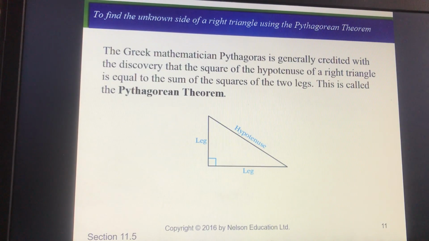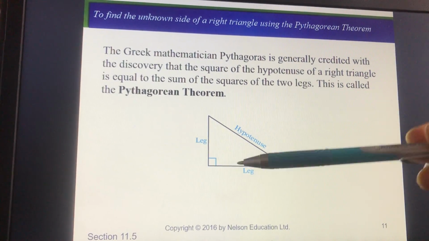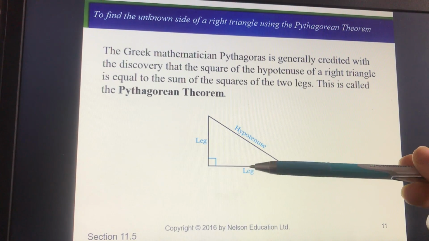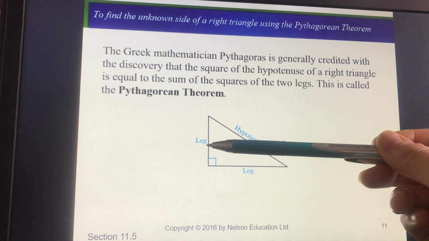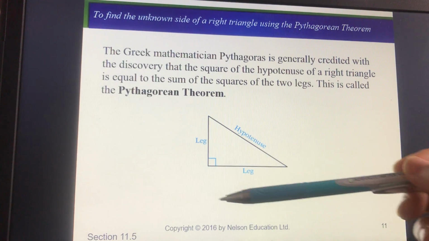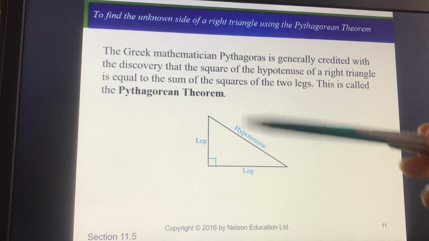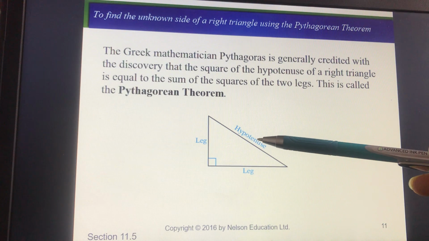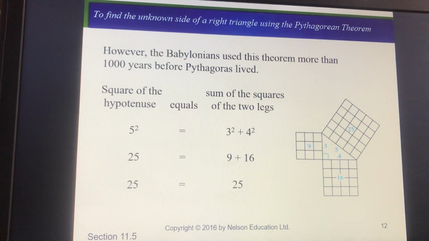This is called the Pythagorean theorem. So he realized that if you take the measurement of this side and square it, take the measurement of this side and square it, and add them together, that sum equals the hypotenuse squared. What do we mean?